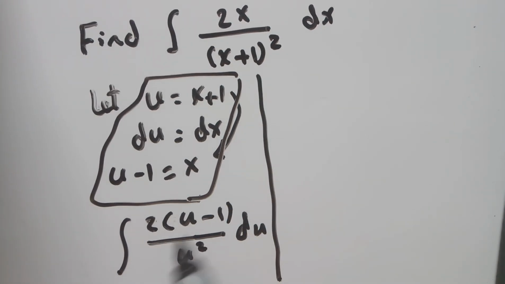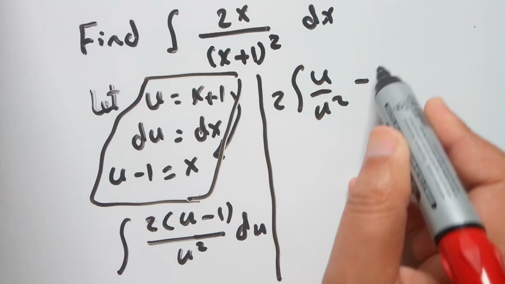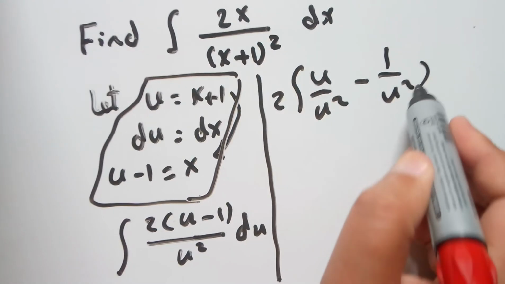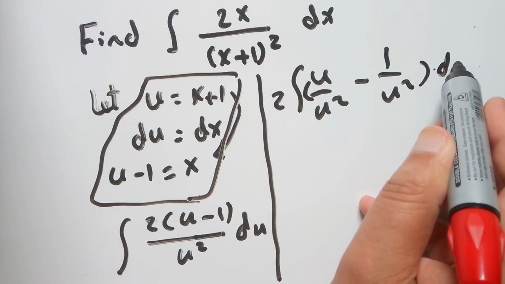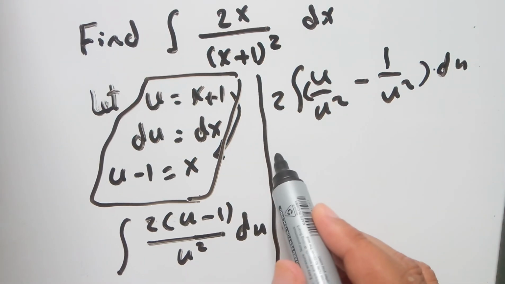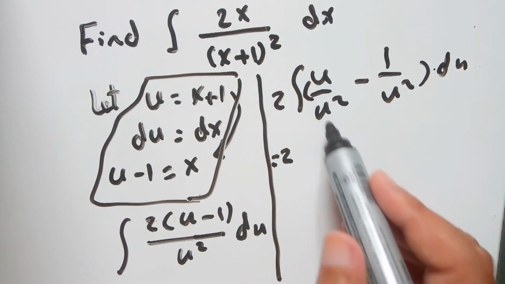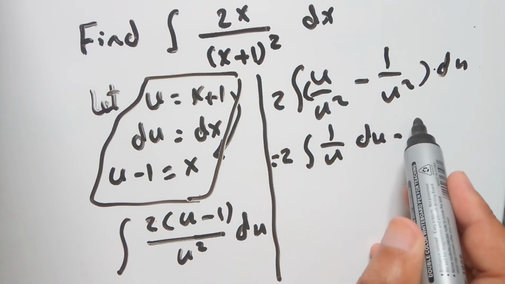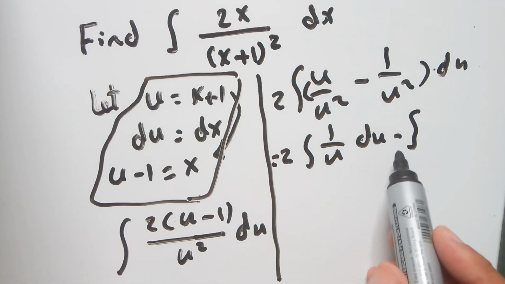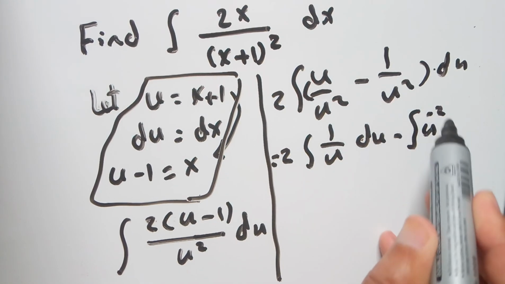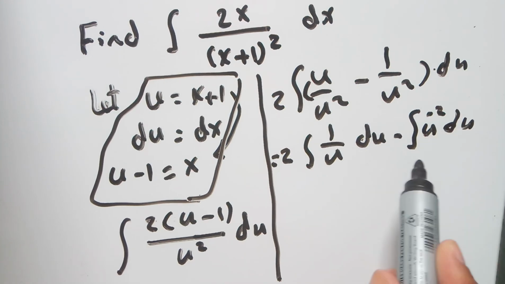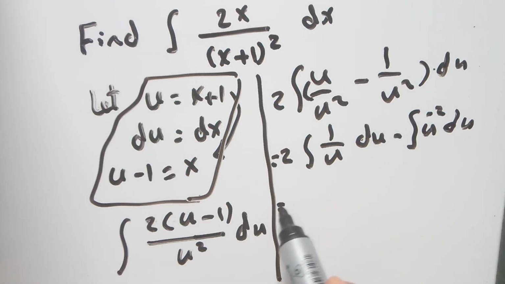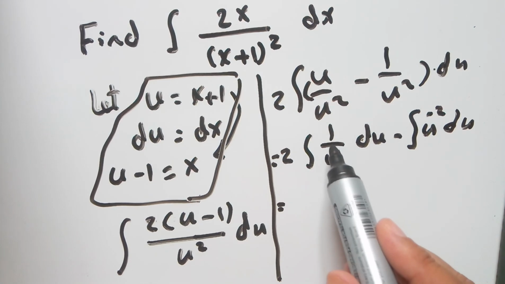Now you can solve. 2 is a constant, take it out here. Integrate u minus 1 over u squared, which is u over u squared minus 1 over u squared, all with respect to u. u over u squared will be the integral of 1 over u du, minus the integral of 1 over u squared, which is u to the power negative 2 du. Use the exponent rule. Now 1 over u is the same form as the theorem here.